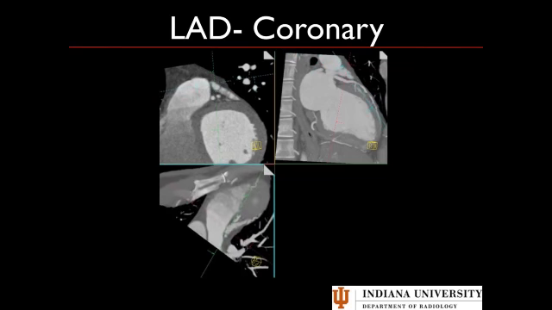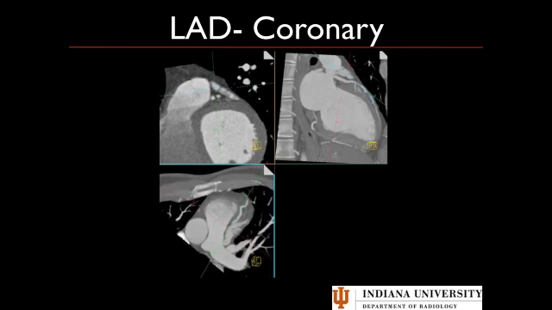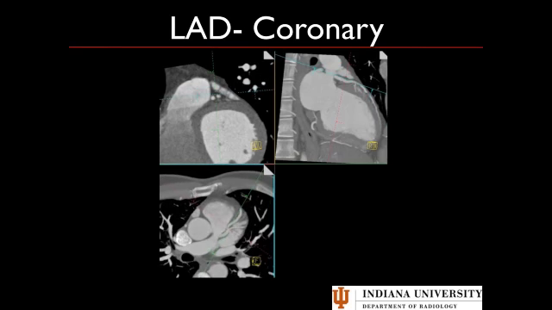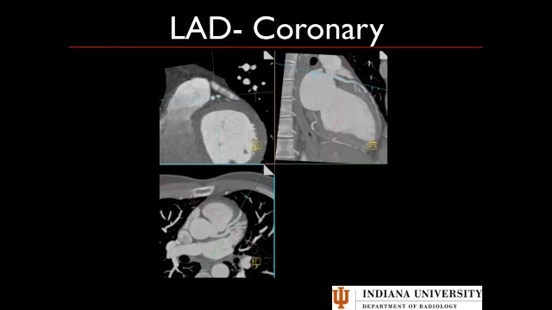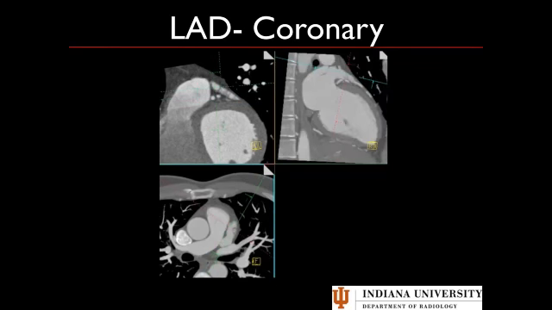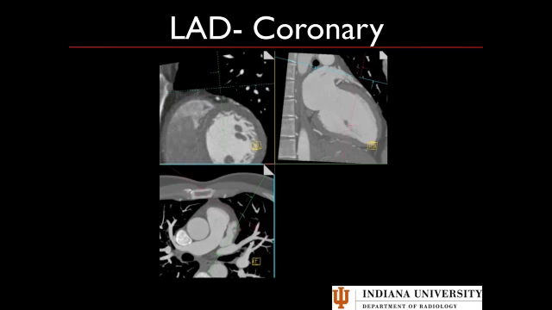And I would advise you to make sure that when you're evaluating the vessels on the cross-sectional view that you do not use any thickness. Don't make them as a thick MIP. The reason for that is you could miss a very short segment coronary artery stenosis.